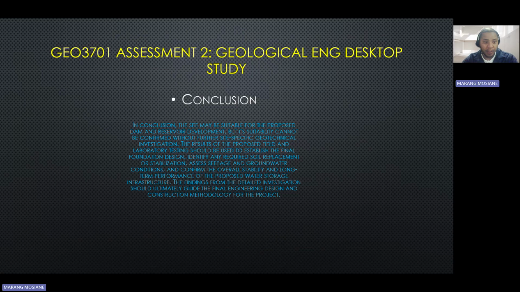The results of the proposed field and laboratory testing should be used to establish the final foundation design, identify required soil replacement and stabilization, assess seepage and groundwater conditions, and confirm the overall stability and long-term performance of the proposed water storage infrastructure. The findings from the detailed investigation should ultimately guide the final engineering design and construction methodology for the project.